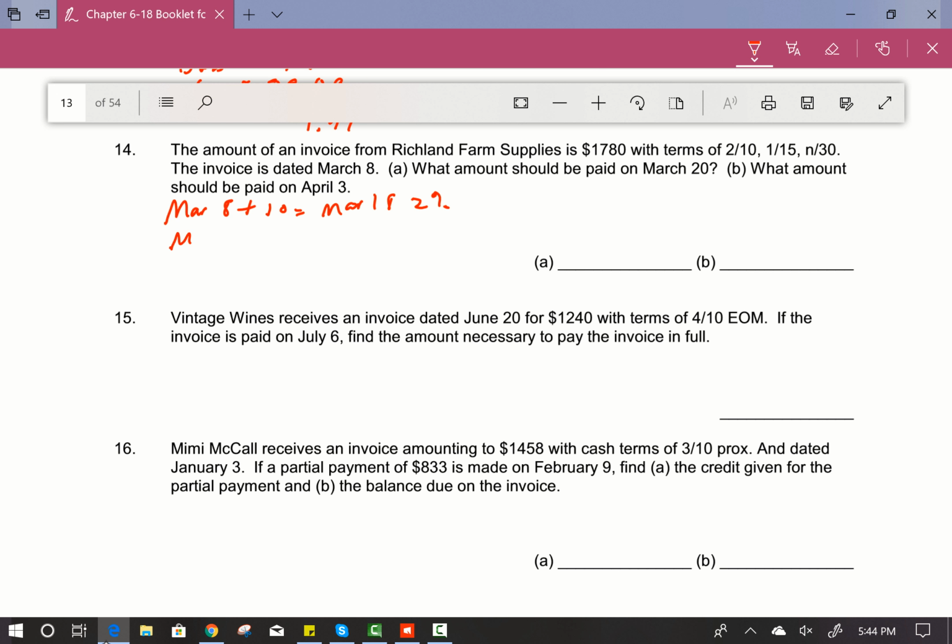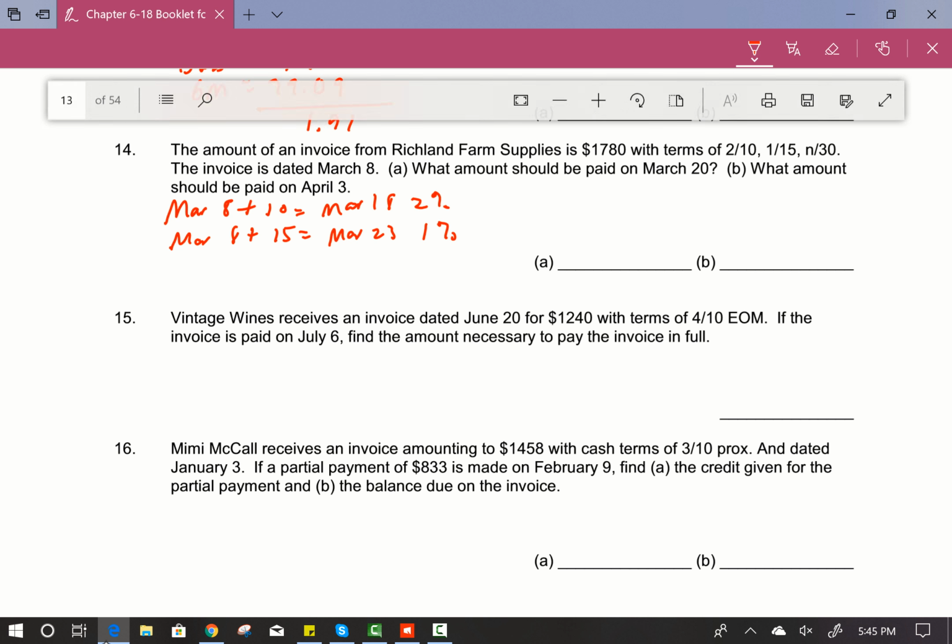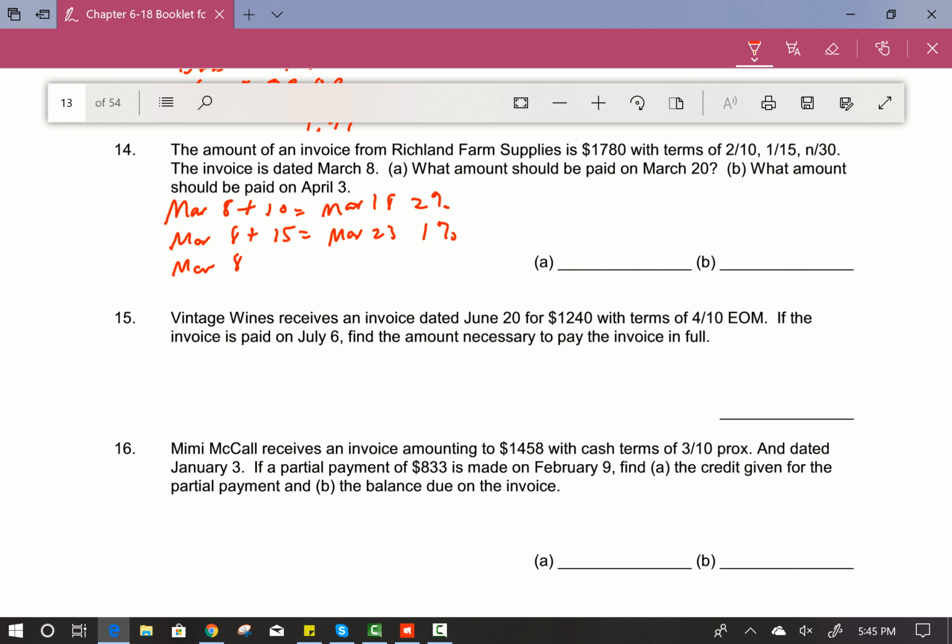And then March the 8th plus 15 days is March 23rd, and that's for a 1% discount. And then March the 8th plus 30 days gives us March 38th, minus 31 days gives us 7 days, April the 7th, for the due date without any type of discount.